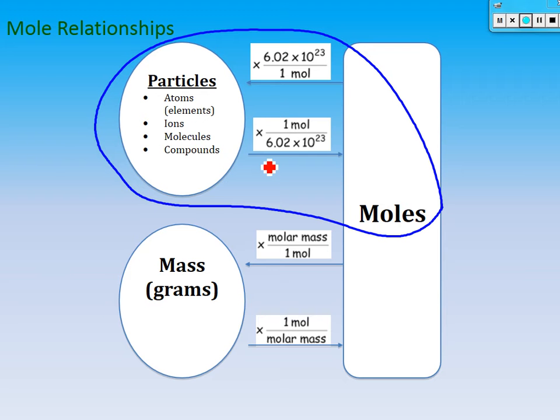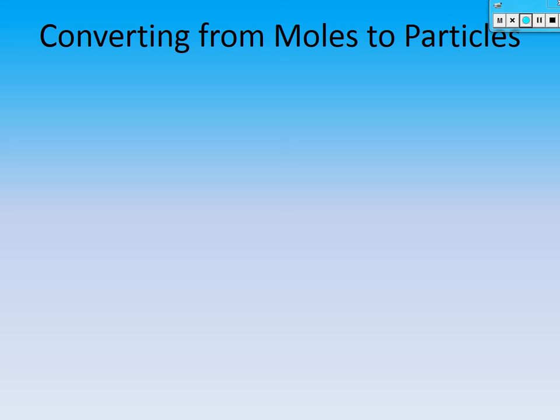So I might give you a question that says, if you had 5 moles of a chemical, how many atoms would that be? Well, you would take 5 moles and times it by this conversion factor here. Or I might say, if you have Avogadro's number of atoms, how many moles would that be? And you would times it by this conversion factor. So, all right, let's get started and you'll see what I mean.